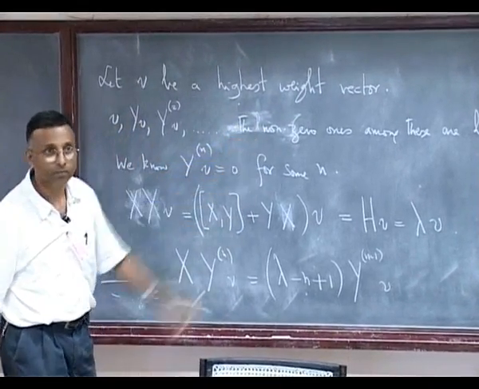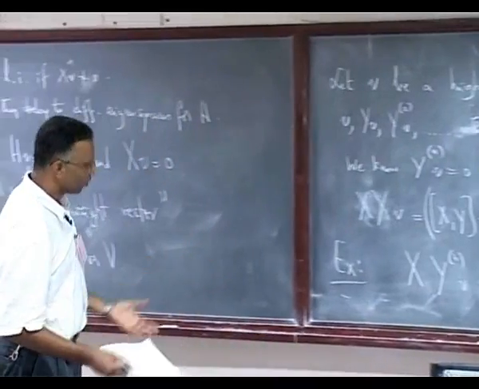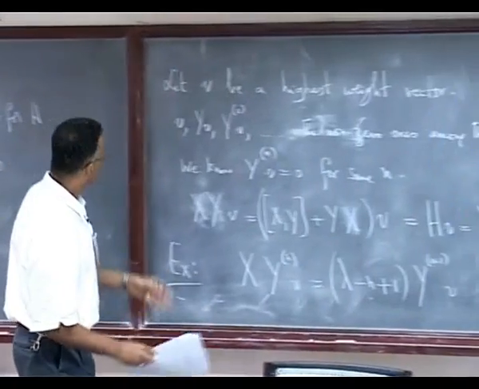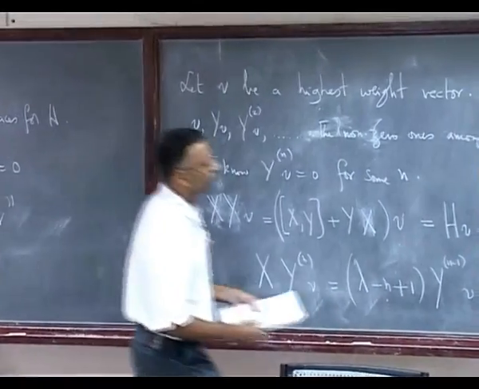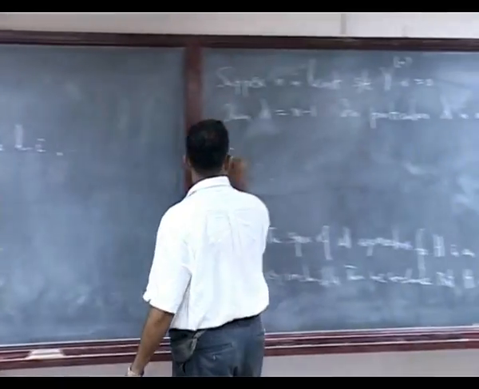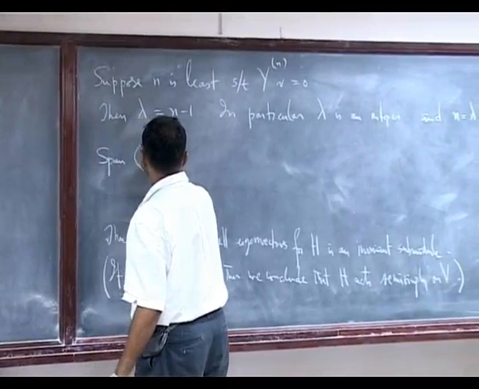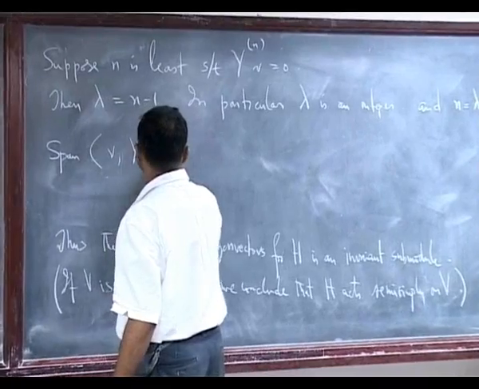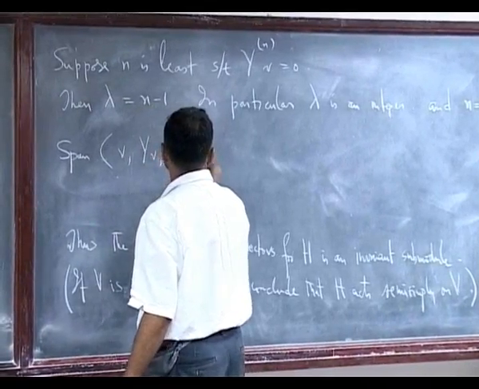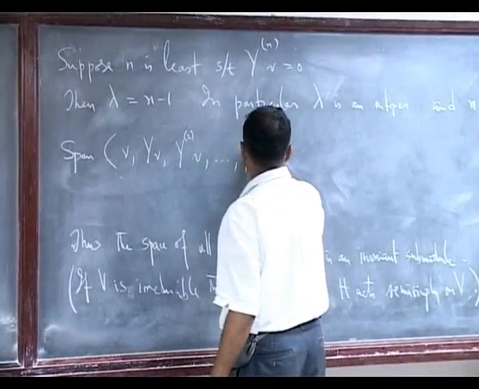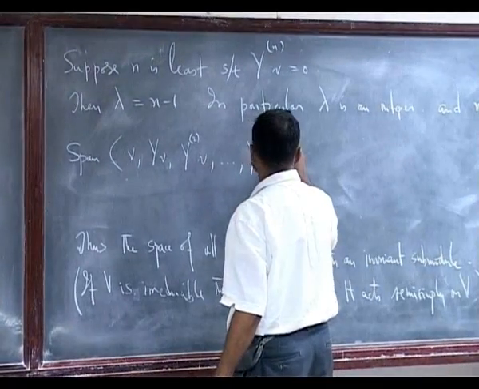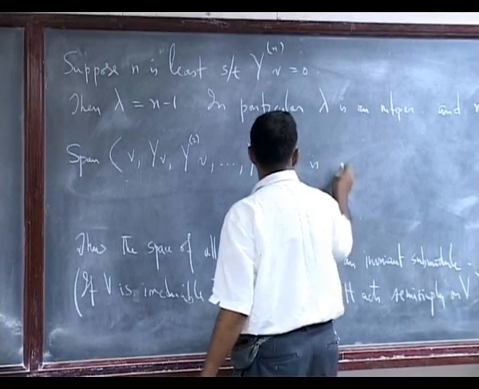That's what we have shown. Now, there you go. Now we are done. So notice that the span of v, y square v, up to y to the n minus 1 v is SL2 invariant.